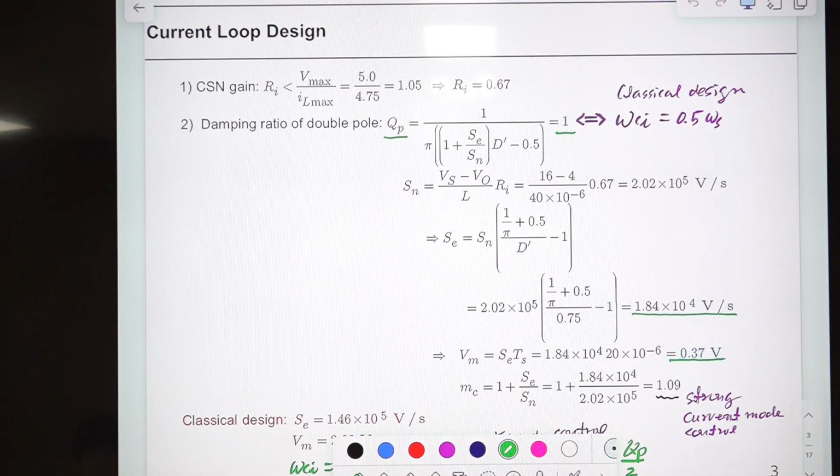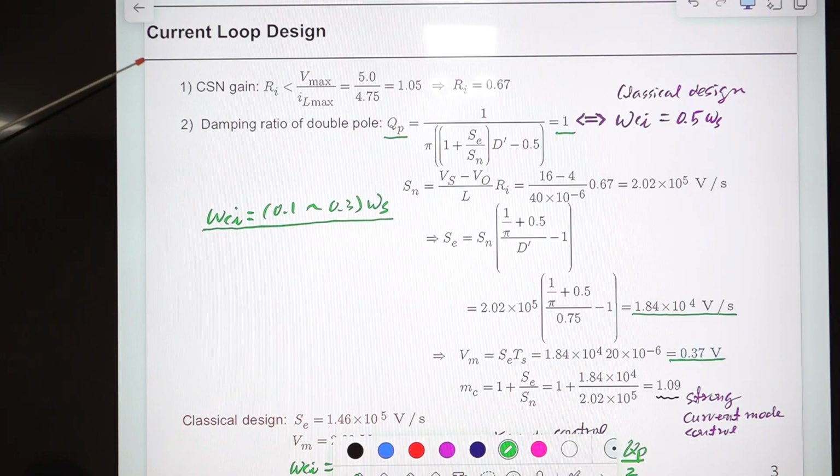In the classical analysis, we used omega ci, the 0 dB crossover frequency of the current loop, from 0.1 to 0.3 times omega s. Okay, this is the approach we have taken in the classical design, right?